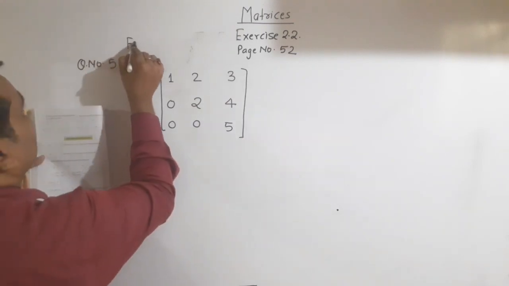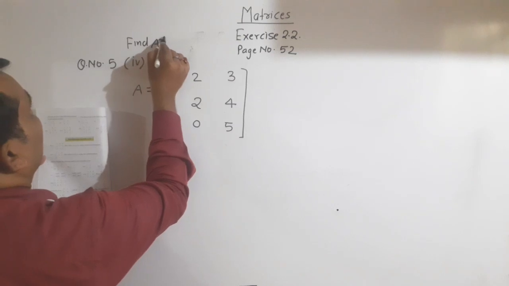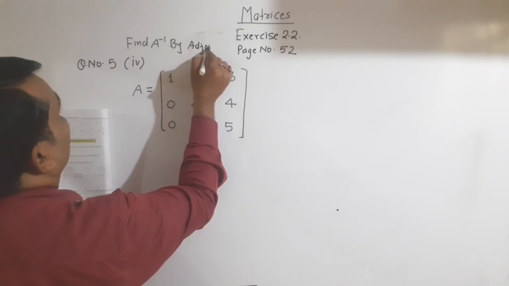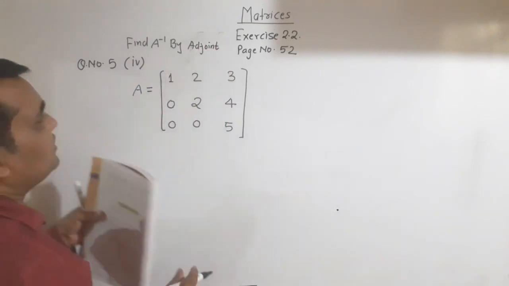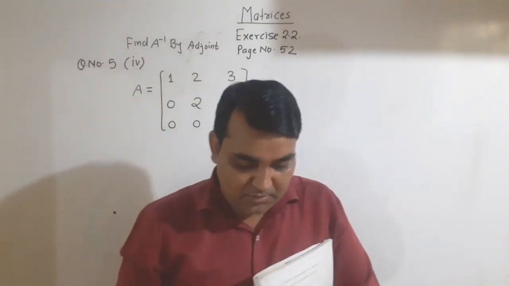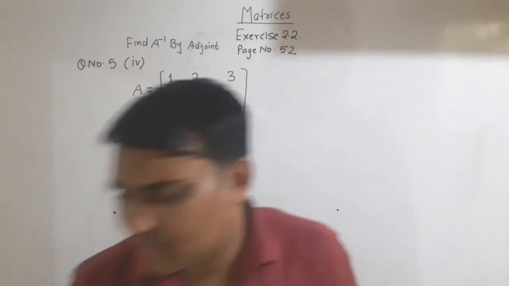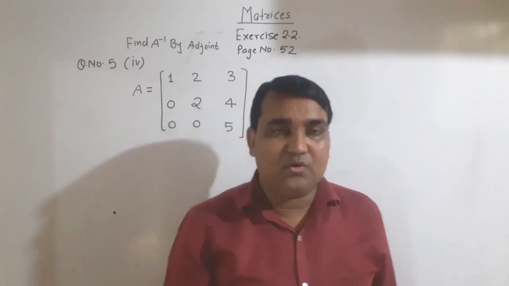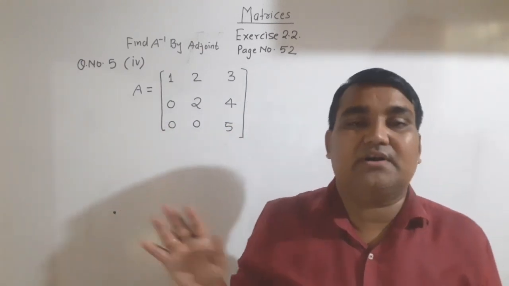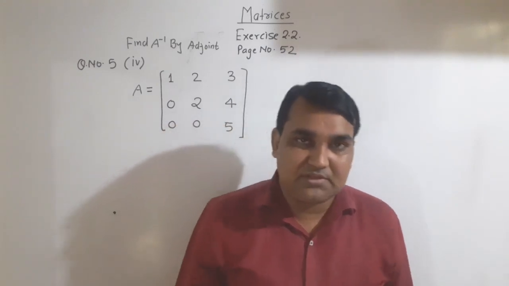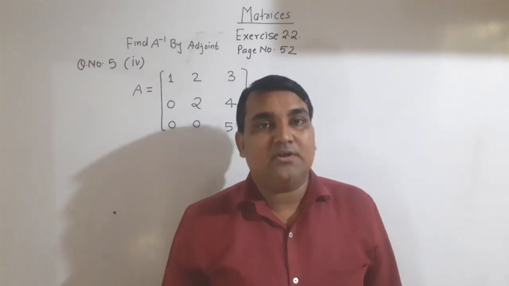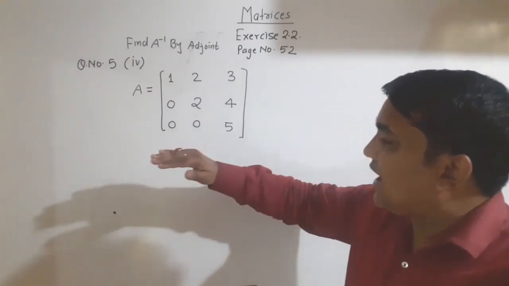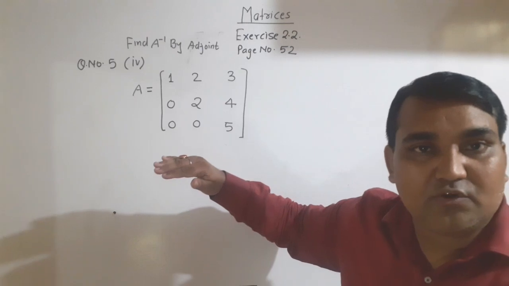The question says find A inverse by the adjoint method. Now remember one thing, in exam if they ask to find A inverse by any of the methods, means by the adjoint method or by row transformation or by column transformation, first and foremost you have to find the determinant of the matrix.